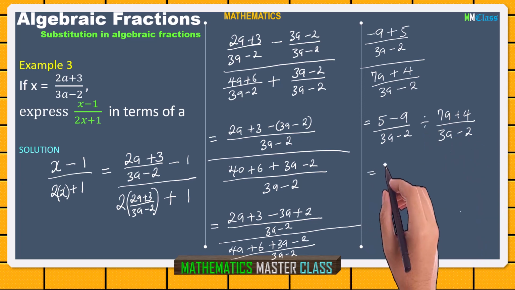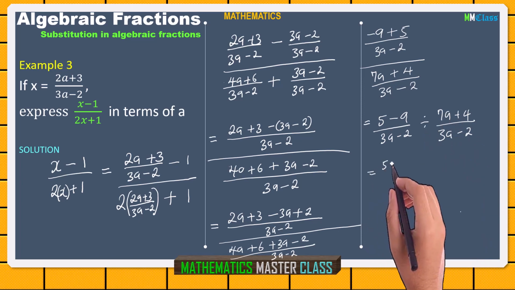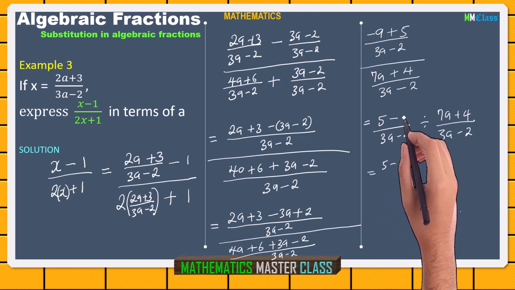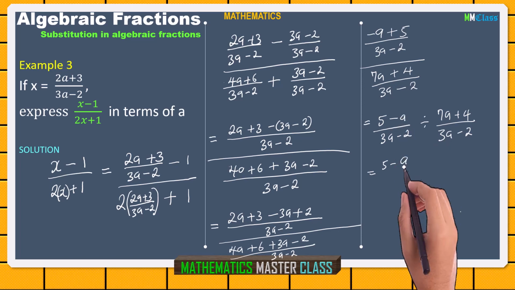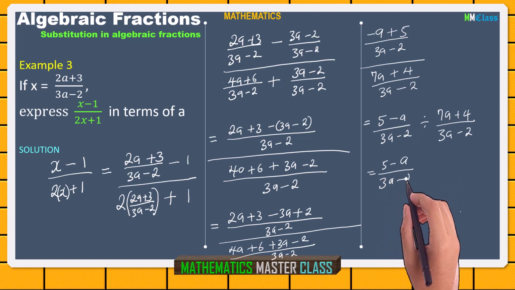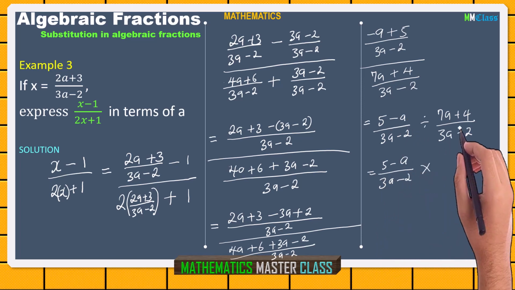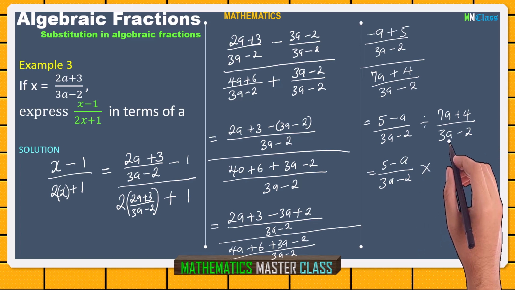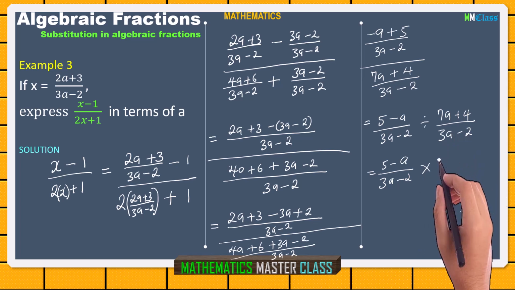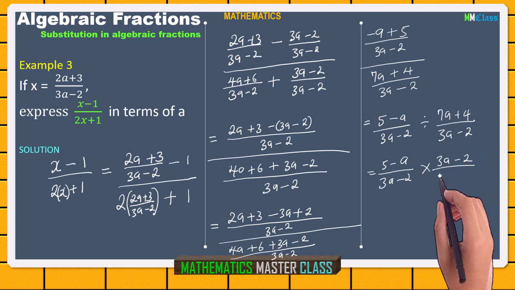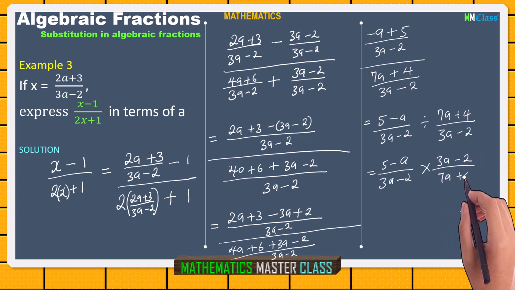It will be equal to 5 minus a all over 3a minus 2, times, we interchange the denominator with the numerator, so we now have 3a minus 2 all over 7a plus 4.